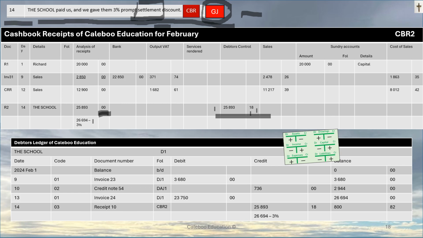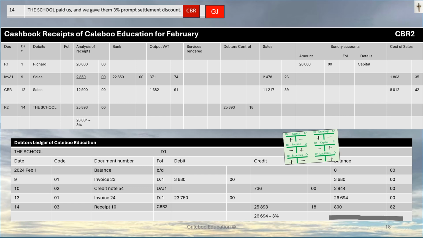So the next transaction we are going to do, or part of this transaction, is recording the settlement discount in the general journal. See that it still has a balance there. The school's account still has a balance of 882, but the transaction says settled, so the school settled their account. That should be 0. So let's see how this settlement discount is recorded in the general journal.